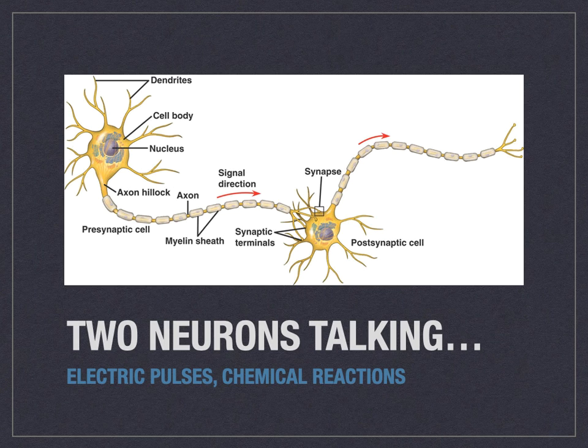So for my intents and purposes, you need to know what a dendrite is, a nucleus is, what an axon is, and what the myelin sheath is. So those are the four things that you're going to have to label for me on the brain quiz. And you can see that the axons of one nerve are pretty much touching or very, very close to touching the dendrites of the next one.